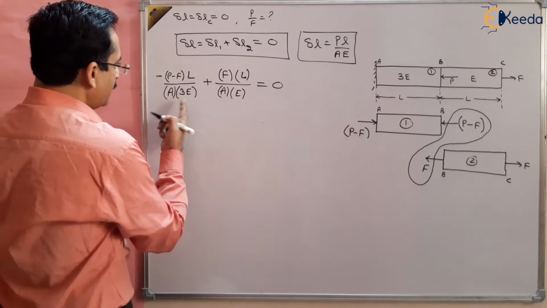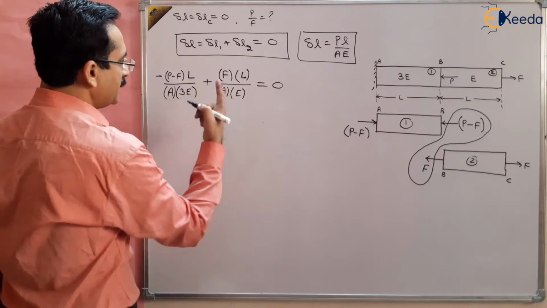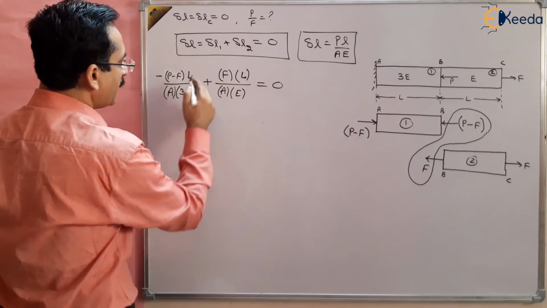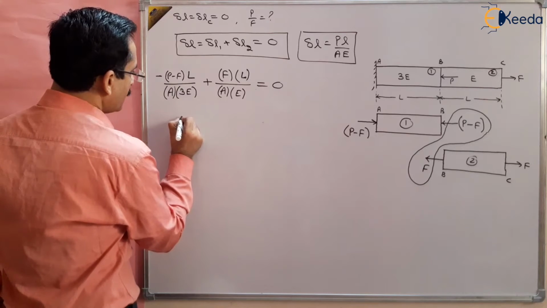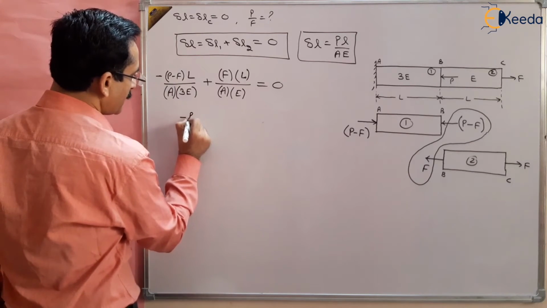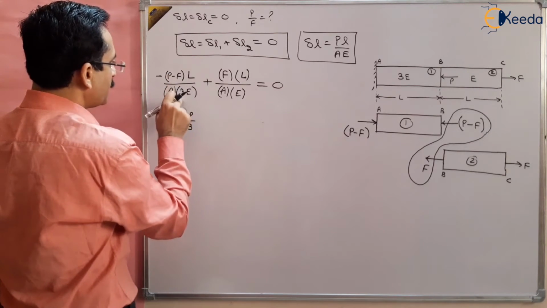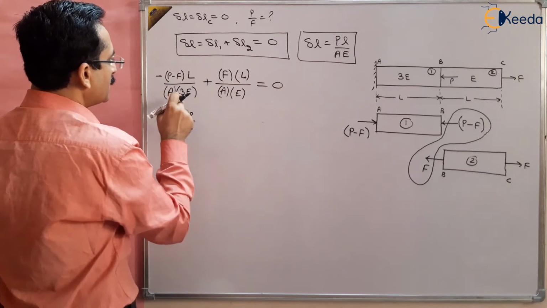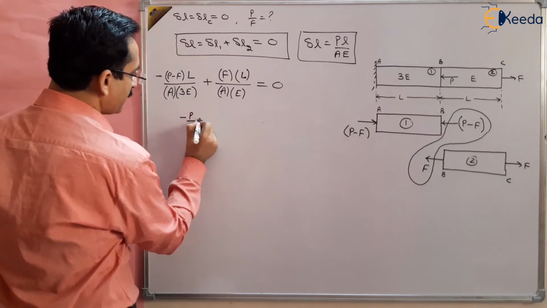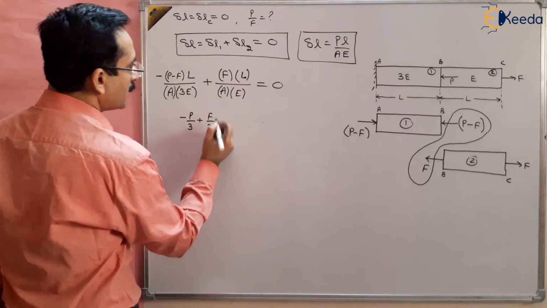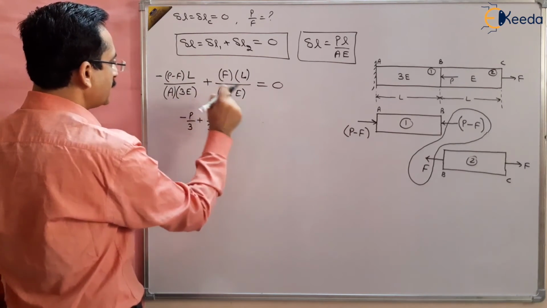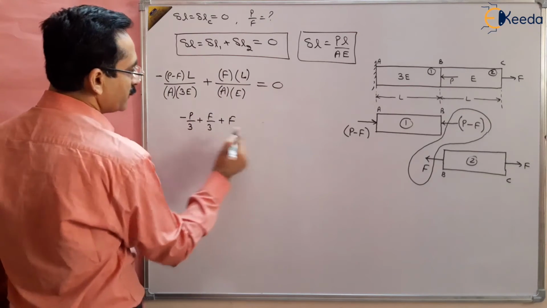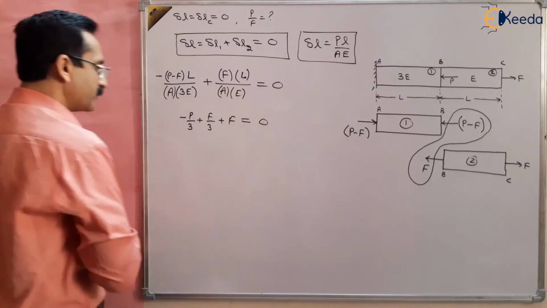Now L by AE can be taken out, and it cannot be equal to 0, so the remaining part should be equal to 0.